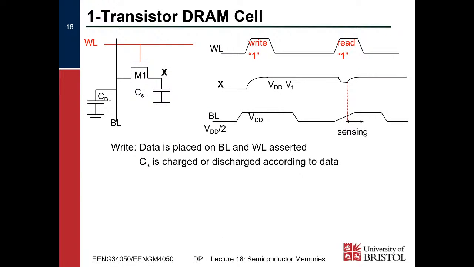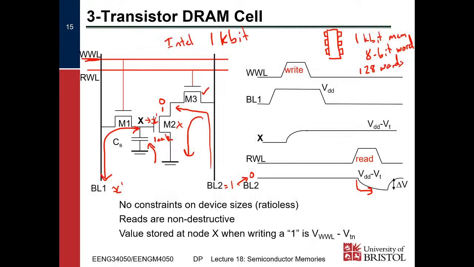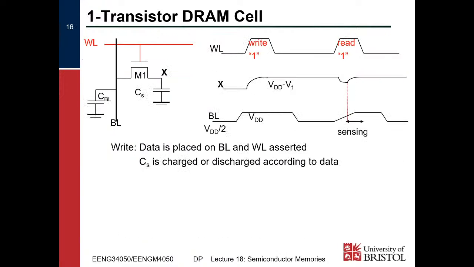DRAM cell. So with the 1 transistor DRAM cell, same idea as the 3 transistor cell, in that the data is stored on the capacitance at node X, right? However, this time we just have 1 word line. We're going to use the same bit line to read from and write to our cell, right? So what we're going to see is something called a destructive read. First thing we do is we say, what happens if we want to write?